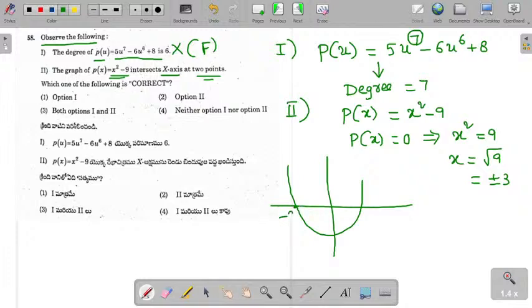This will be minus 3, this will be 3. This is the x-axis, this will be the y-axis, and this is the origin. So obviously p of x is equal to x square minus 9 cuts at 2 points on the x-axis. It's a true statement. That means according to this problem, option 2 only is correct. So the second option is the right option.